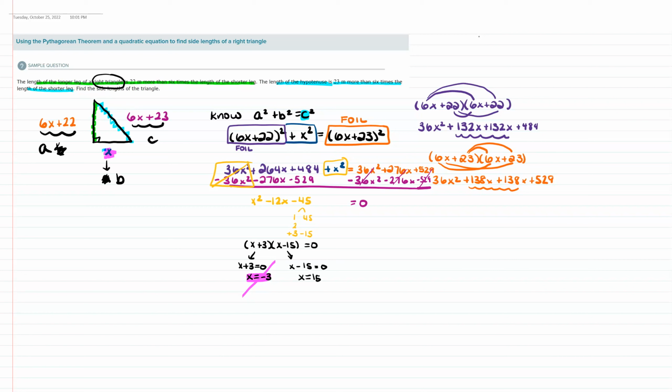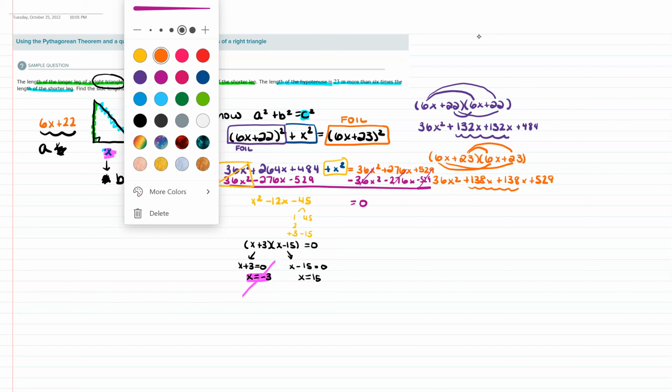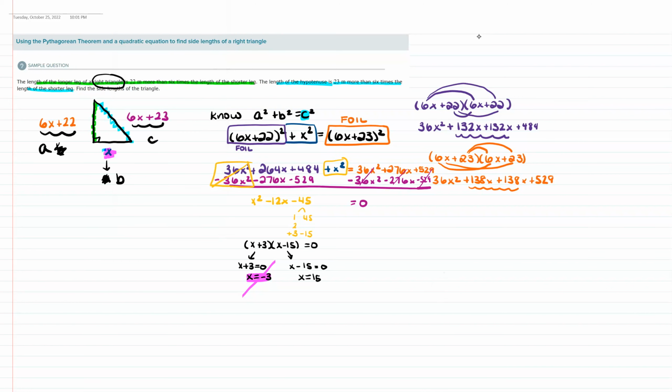Let's try 15. So my orange side, let me get my orange pen back. My orange side is going to be 6 times 15 plus 22. So that's 90 plus 22, which is 112. And then my blue side was just x.